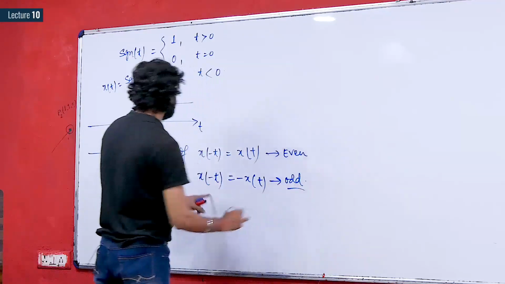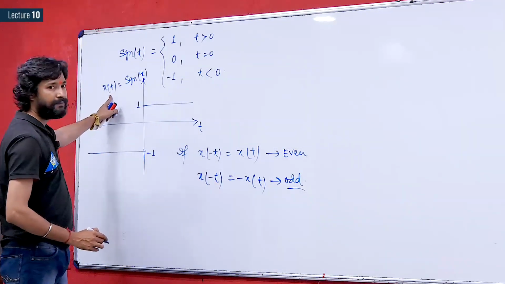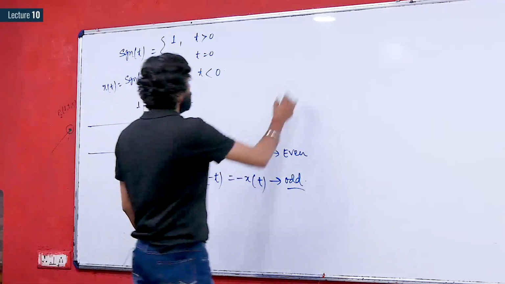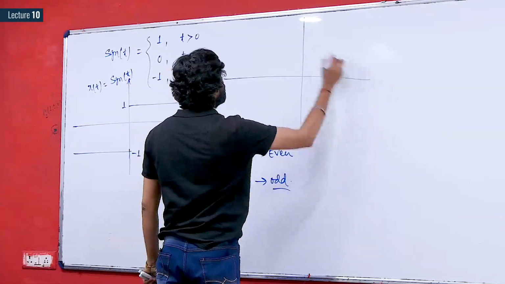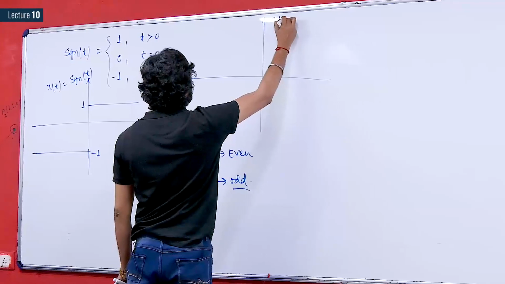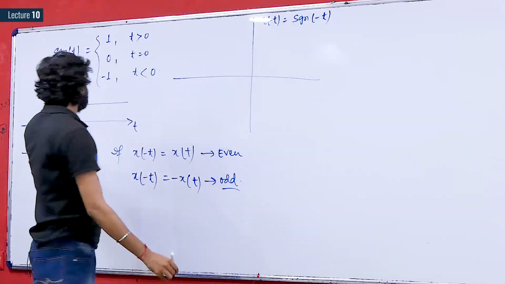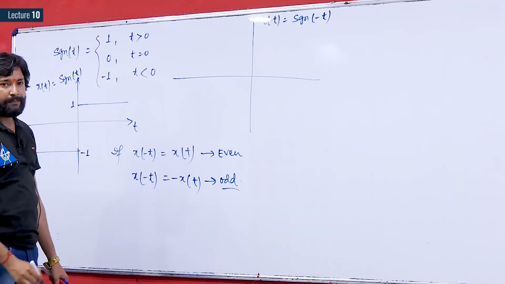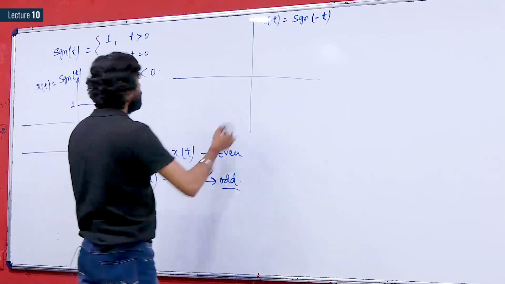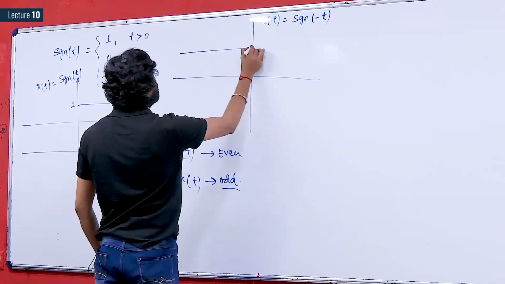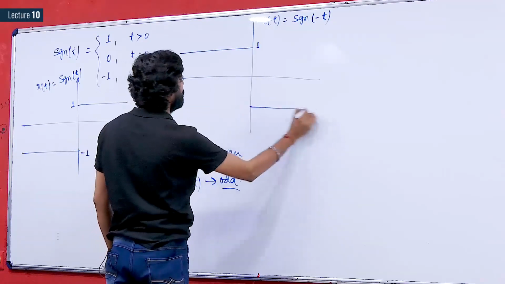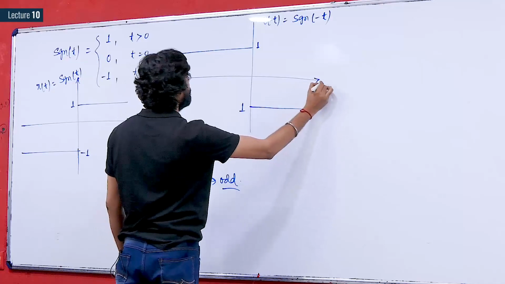So, if you see here, for the function signum of t, that is x of t, if you plot x of minus t, that is signum of minus t, then it will have value plus 1 for t less than 0 and minus 1 for t greater than 0.